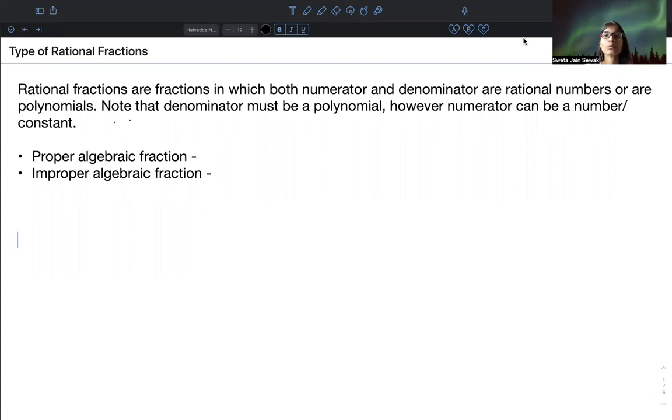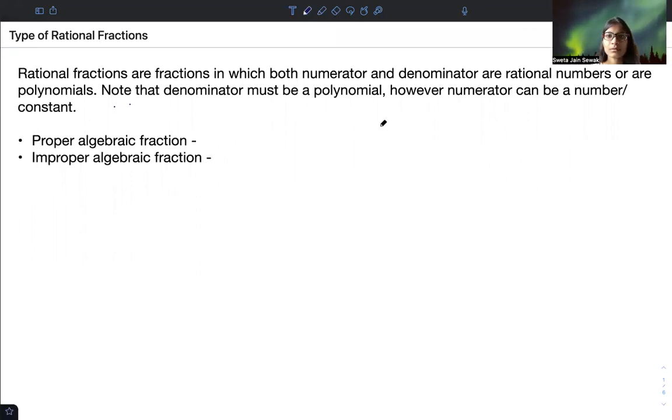They are fractions in which both numerator and denominator are rational numbers or are polynomials. Note that the denominator must be a polynomial. However, the numerator can be a number or a constant. For example, these are all examples of rational fractions. 1 over 3x plus 1 can qualify as a rational fraction.